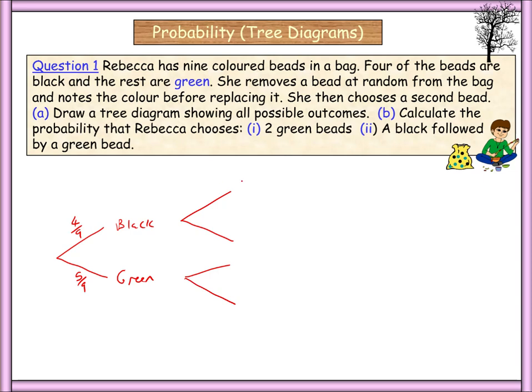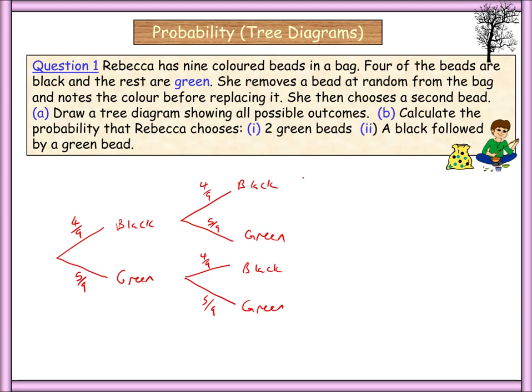And again, we put our outcomes here, black or green, black or green. Probability of selecting a black bead is 4 out of 9, green, 5 out of 9, 4 out of 9, 5 out of 9.